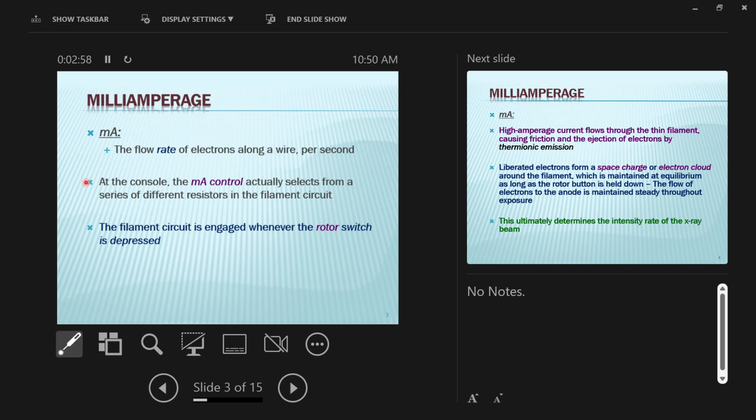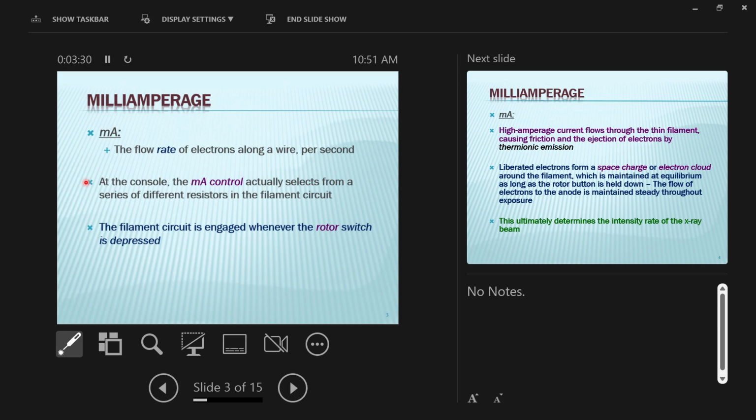Radiographically, at the control console, mA is selected, is set from a series of resistors. And if you remember Ohm's law, voltage equals amperage times resistance, you remember that resistance can affect amperage. Okay, so real quickly, we're not going to do any equations with this, but ignore everything above this, but Ohm's law, voltage equals amperage times resistance.